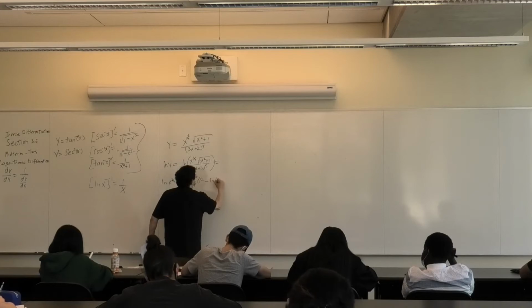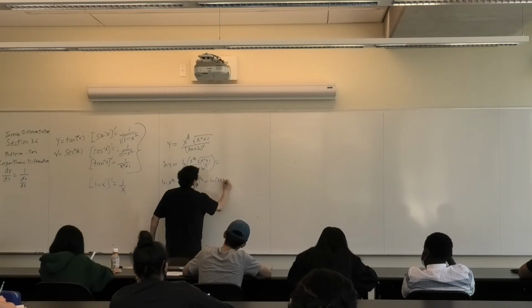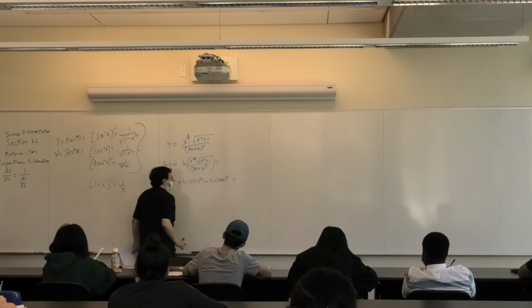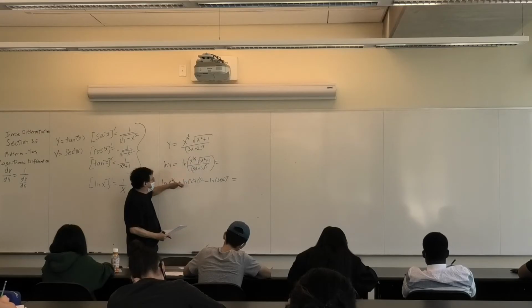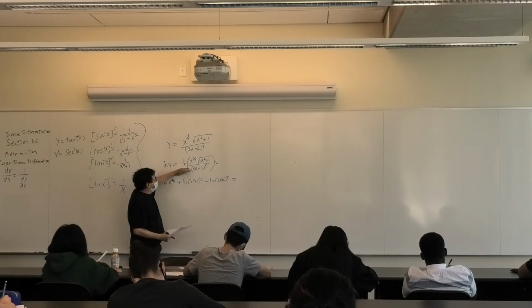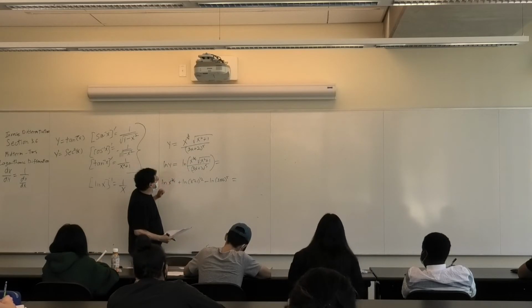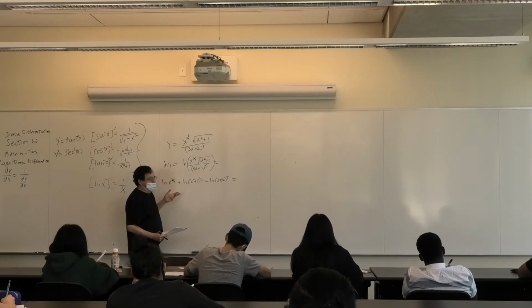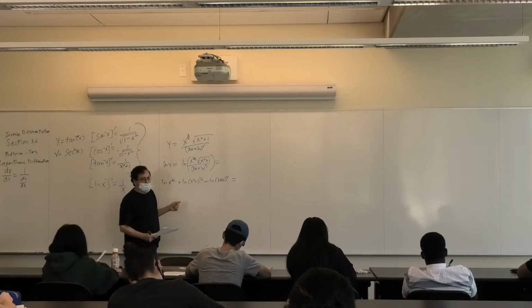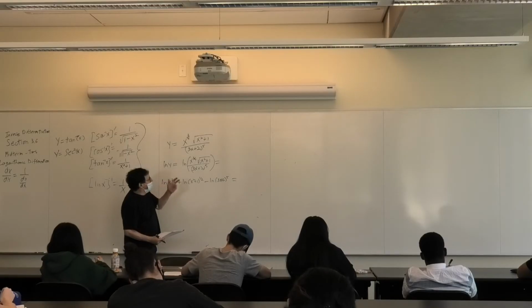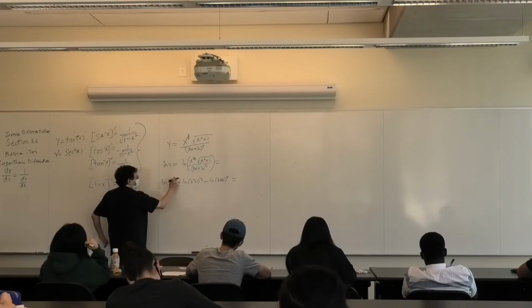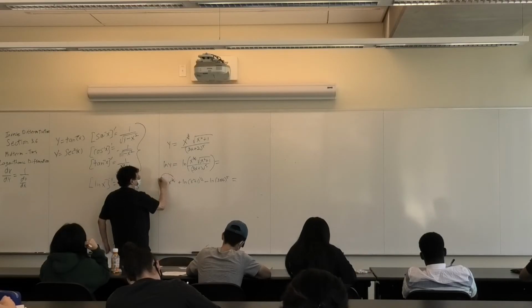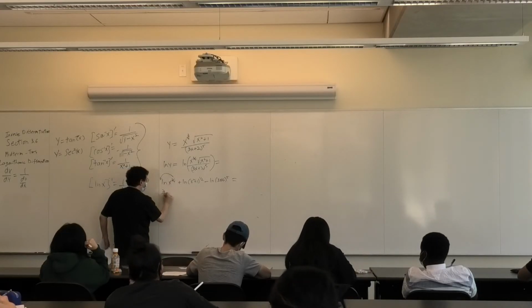Minus log of 3x plus 2 to the 5th. Okay, we're going to see how I use the rules of logs, right? Log of a times b is log of a plus log of b. Log of a divided by b, log of a minus log of b. Okay, but here I have a power which can go over here.